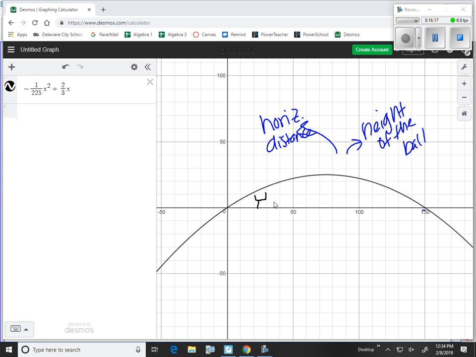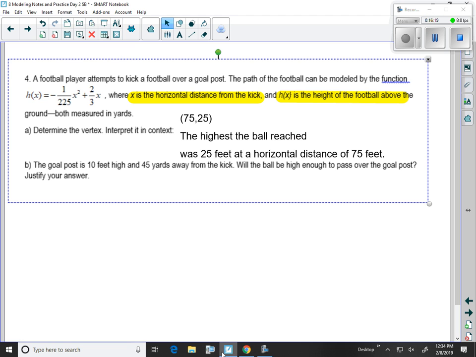So that would be yes. That's a very weird question. You just gotta put 45 in the table. The table's gonna look weird because it won't match up to 10. But you just have to look, is your vertex higher than this? Yes, it is.